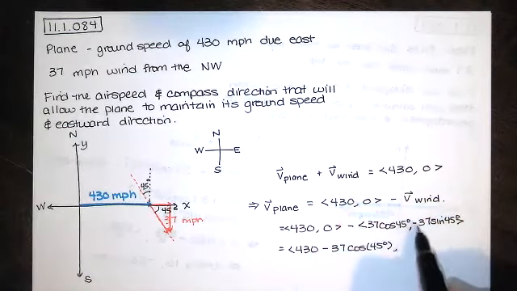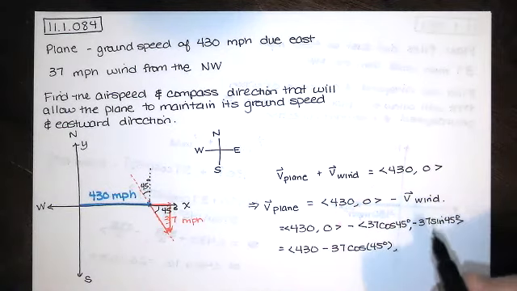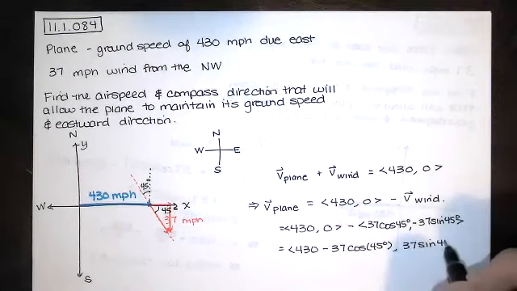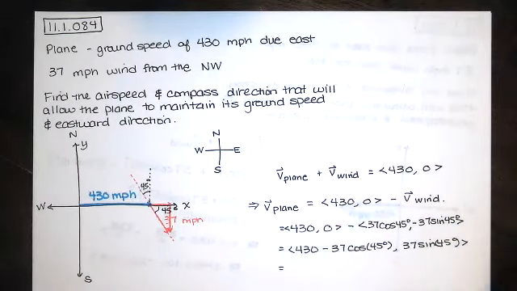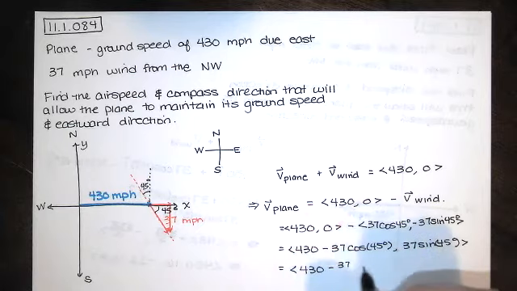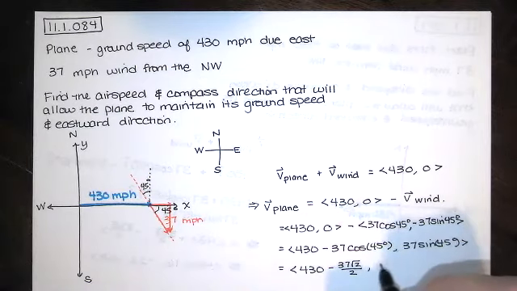And then we're subtracting a negative, so we're going to have to add 37 sine of 45. And I can write the exact component form this way, because we know sine and cosine of 45 degrees are square root of 2 over 2.